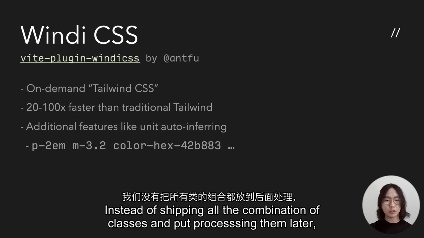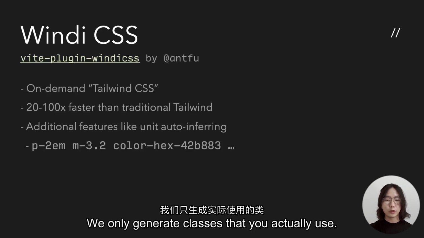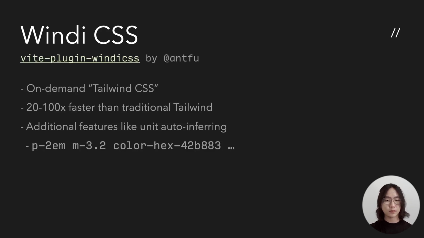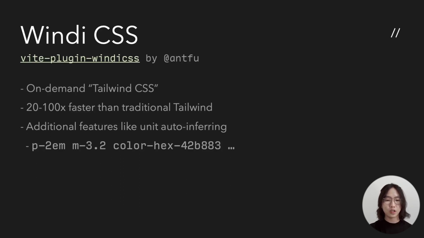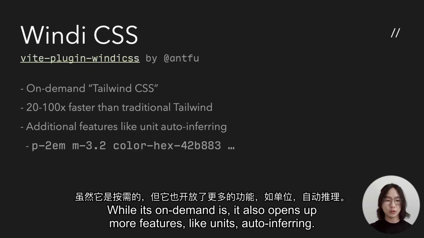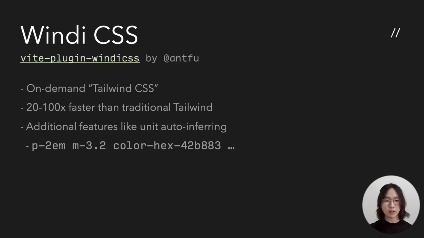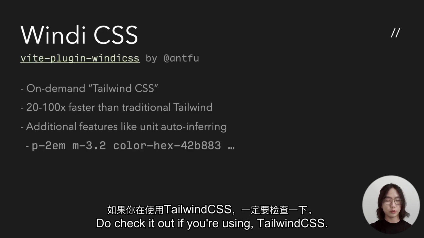Instead of shipping all the combinations of classes and purging them later, we only generate classes that you actually use. Turns out it can be 20 to 100 times faster than traditional Tailwind. While it's on demand, it also opens up more features like unit auto-inferring. Do check it out if you are using Tailwind.